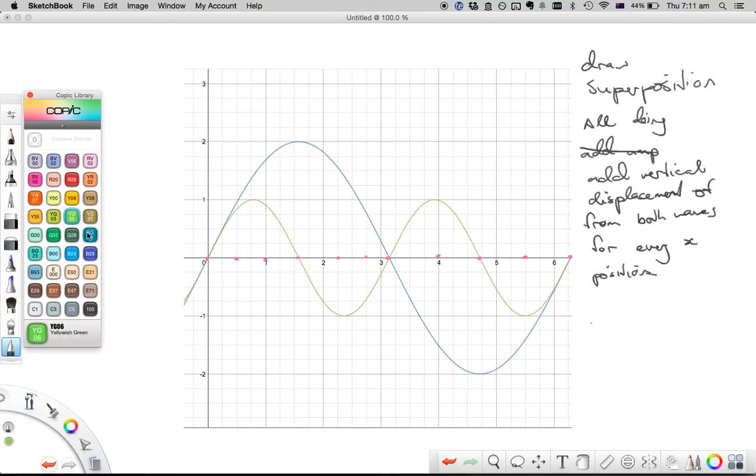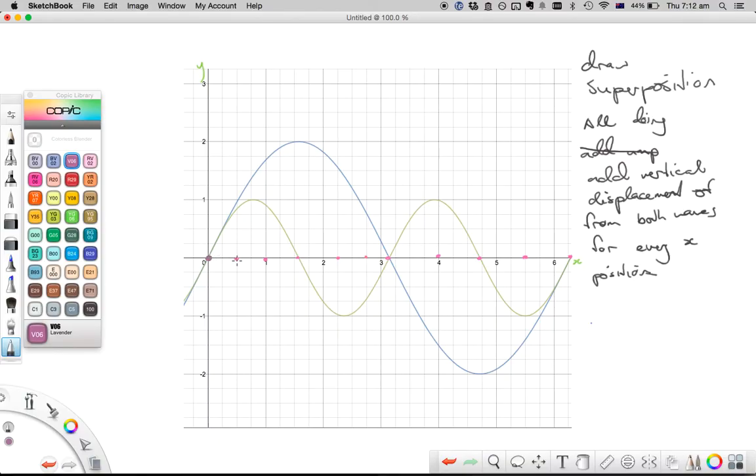Okay, I'll try to use the colors that make sense. So at this point, x equals 0. This is x and this is y. At x equals 0, the displacement from the green wave is 0, and the displacement from the blue wave is 0. So our point's just going to be there.